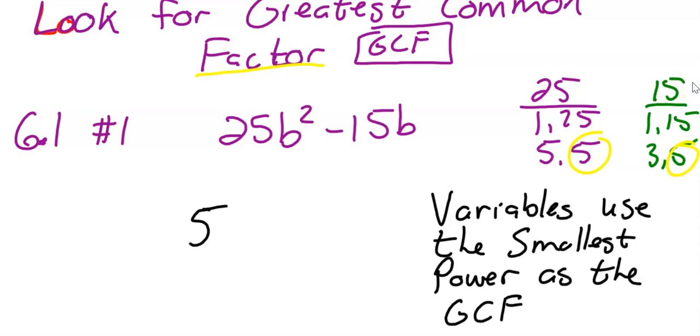Variable-wise, you're going to use the smallest power that they have in common. Because on this one, you've got b squared and you've got b to the first. So the greatest common factor for this one would just be 5b.